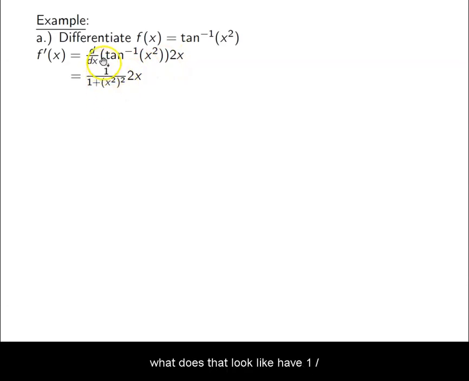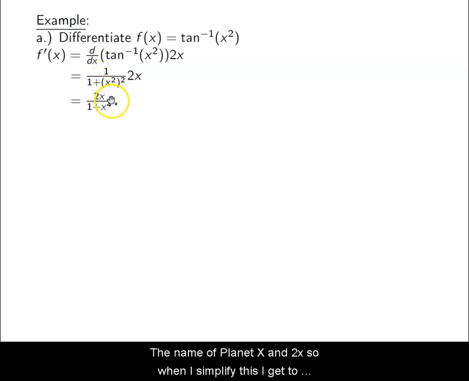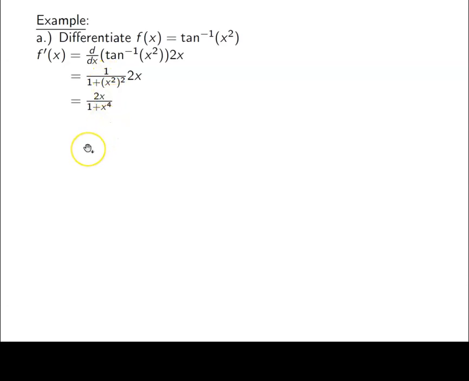So what does that look like? I have 1 over 1 plus x squared being squared because my input I'm still plugging this in to the derivative of the outside function, and then I multiply that times with 2x. So when I simplify this, I get 2x over 1 plus x to the 4th. Okay.